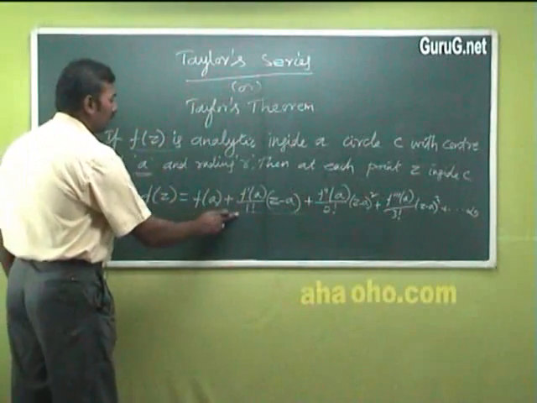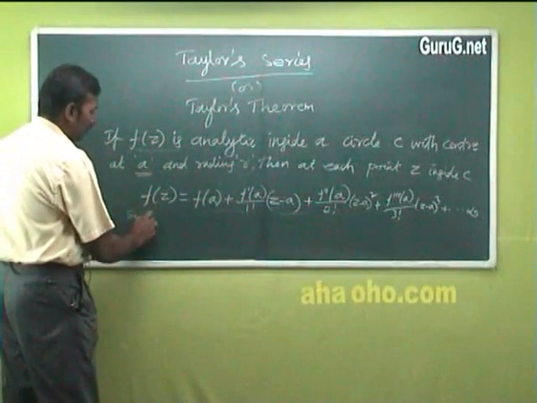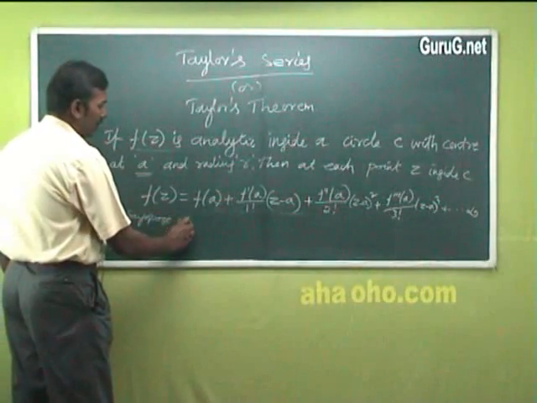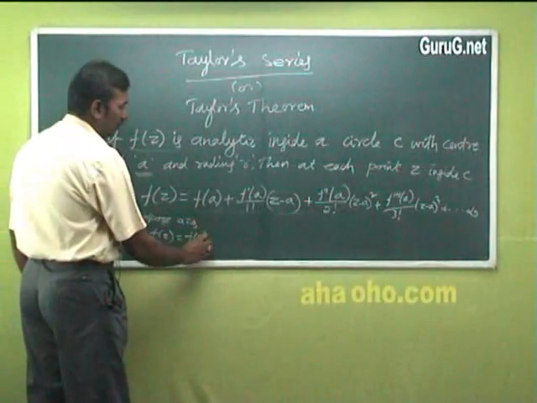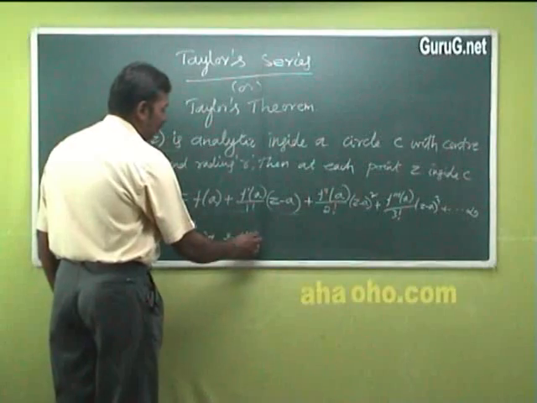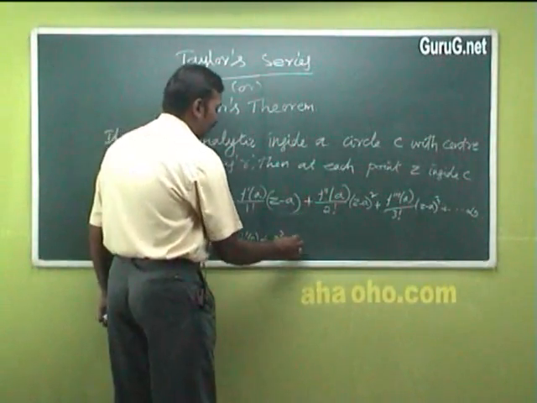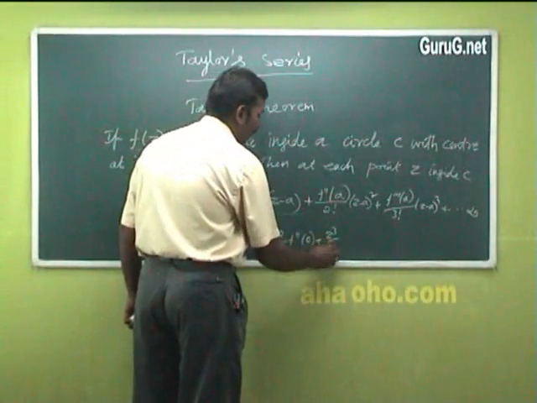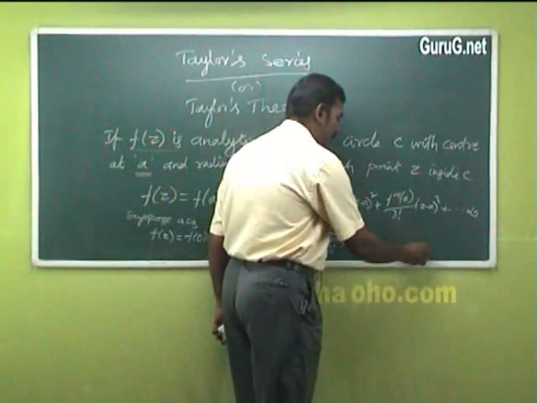Suppose near the point, suppose a equal to 0, then f of z equal to f of 0 plus z by 1 factorial into f dash of 0 plus z squared by 2 factorial f double dash of 0 plus z cubed by 3 factorial f triple dash of 0 plus etc. to infinity.